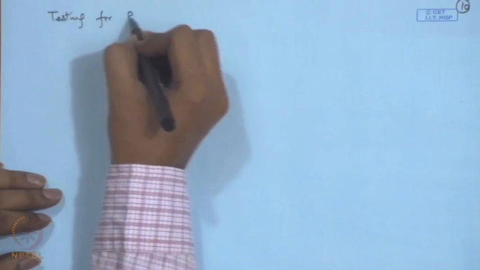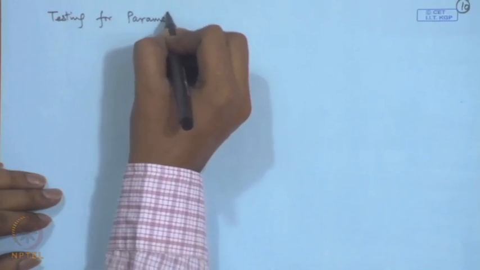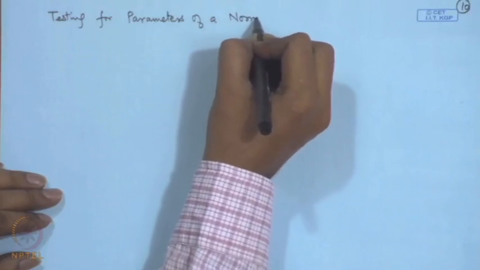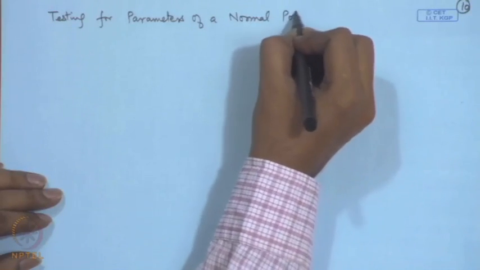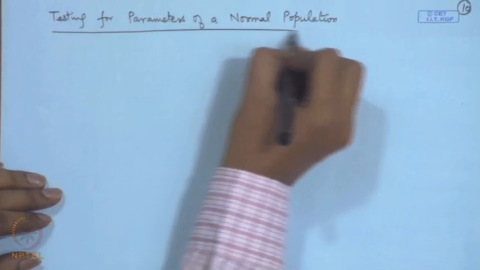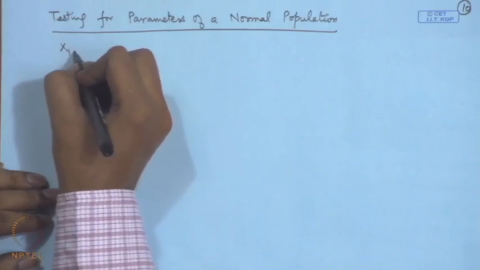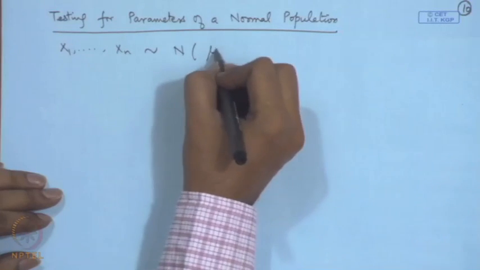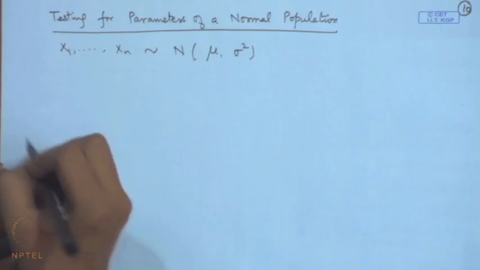Testing for parameters of a normal population. So, x 1, x 2, up to x n follows normal mu, sigma square distribution here.